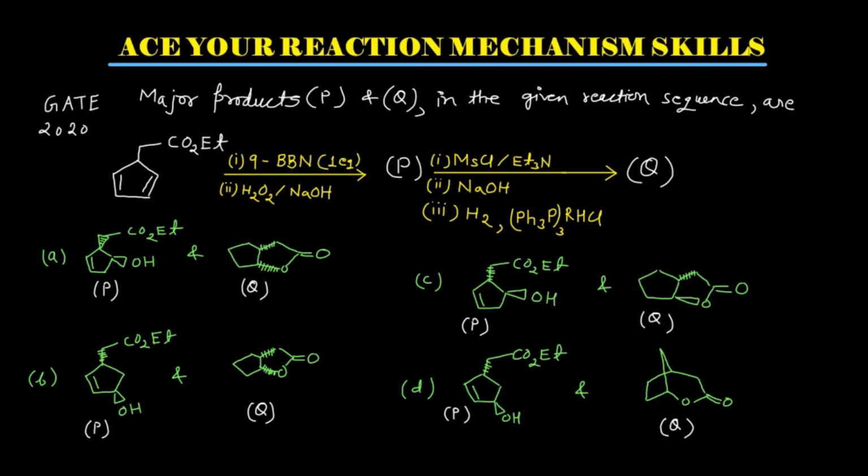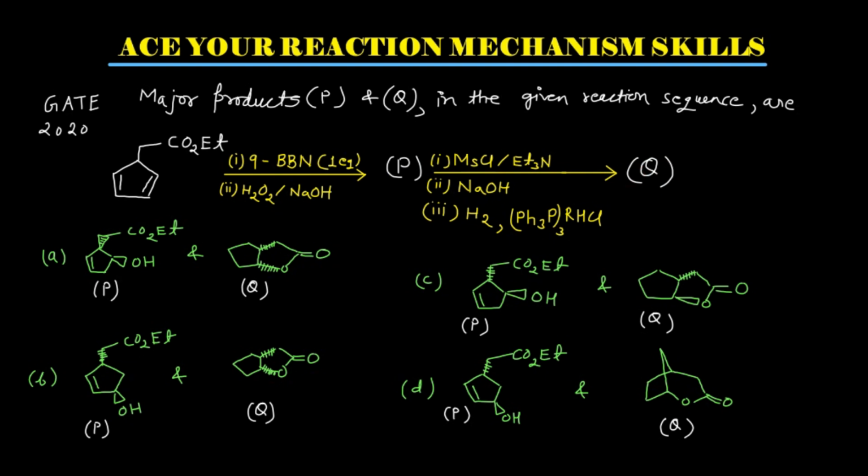And in the second step, you will take sodium hydroxide in presence of hydrogen peroxide, and with the help of these two step reactions, you will produce one intermediate P. That P in step 1 will react with MsCl in presence of triethylamine, in the second step you will do the alkaline hydrolysis, NaOH. And in the third step, you will do the hydrogenation in presence of this particular catalyst, and finally you will get your product Q. So you have to identify what is the P and what is the Q.